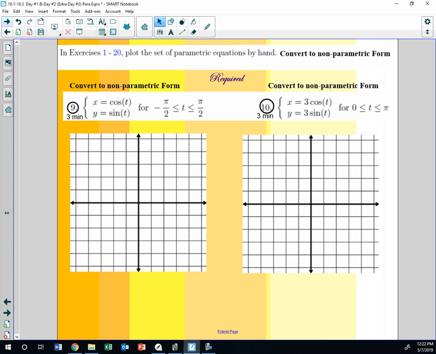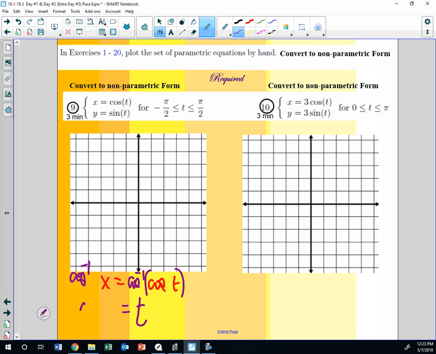Next one. Not only does math work, but things you thought you'd never see again keep coming back. Here's one. X equal cosine t, solve for t. So x equal to the cosine of t. We're going to take the inverse cosine of both sides. What's the inverse cosine of the cosine of t?